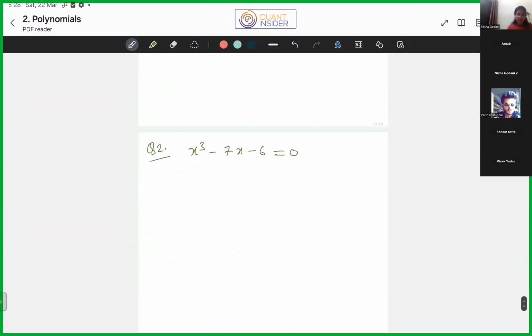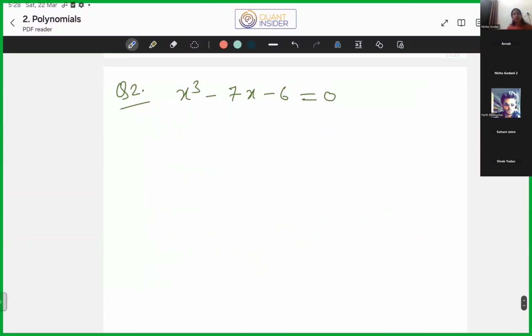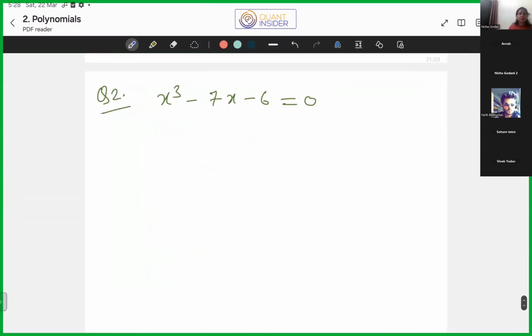So let's move to the next question. Find its roots. Can you find one root by using the factor theorem, or by using any value from the factors? What are the factors of this 6?